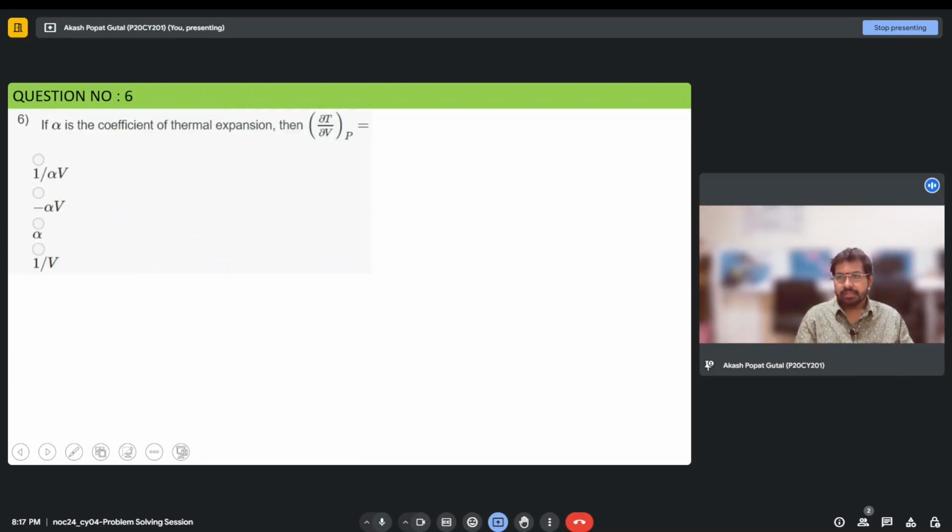Next question. If alpha is the coefficient of thermal expansion, then del T by del V at constant pressure is, so four options are given. Try to find out.